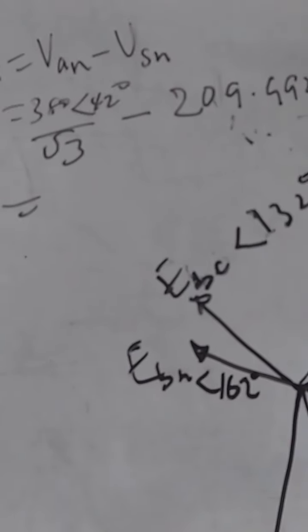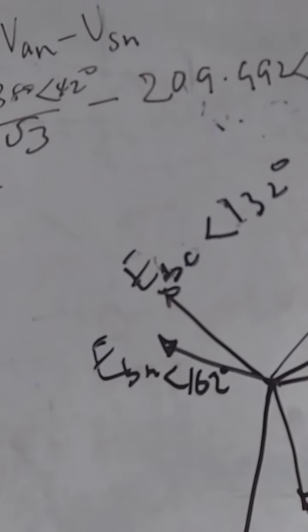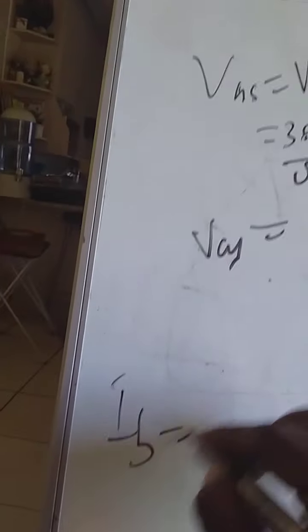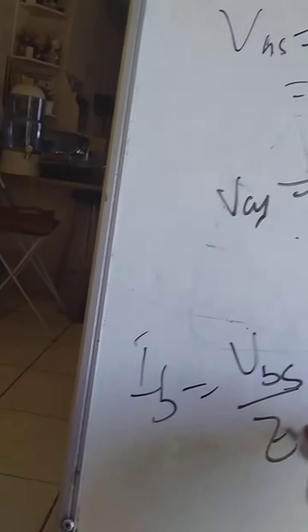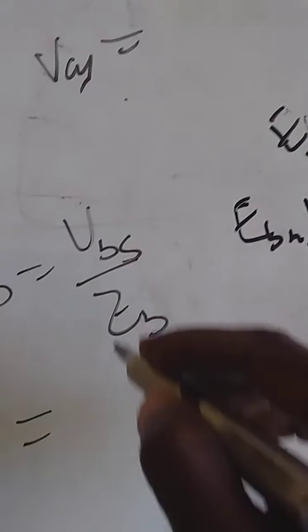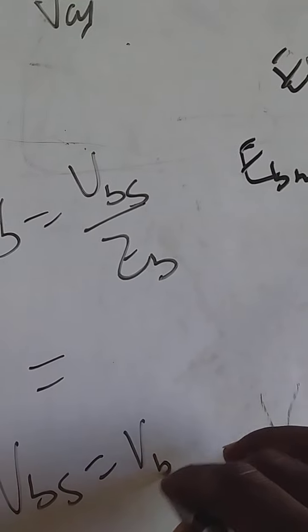The same thing is applicable to getting your IB. To get this current, you have to know the voltage across here, which is VBS. So IB is equal to VBS divided by ZB. All you need to do is determine VBS. VBS is equal to VBN minus VSN.